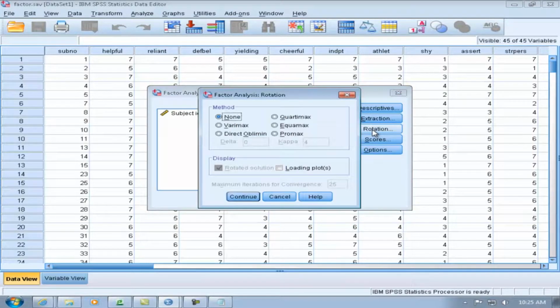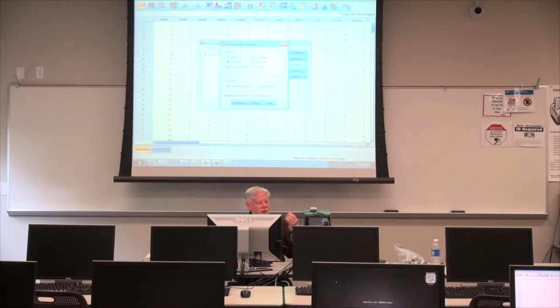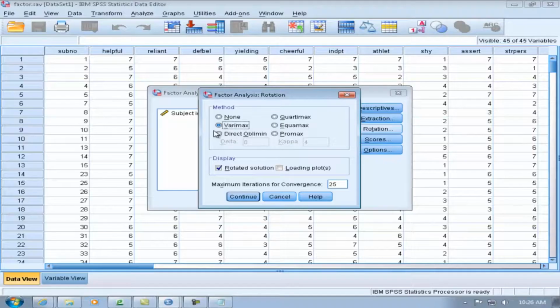Rotations, again we're going to use Varimax, which gives us independent factors. This is the one that's most frequently used, especially in psychometric theory when they're trying to develop scales or measures of personality, attitudes, interest, looking at organizational climate, whatever it might be, because it gives us orthogonal factors and maximizes the loading on columns or the items, and we're treating the items as variables in this situation.